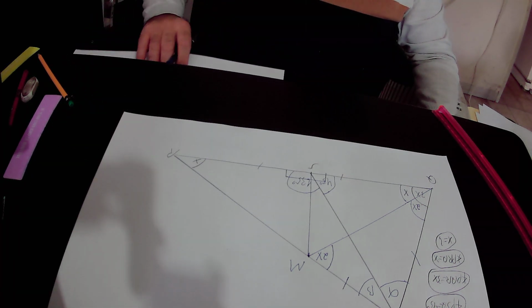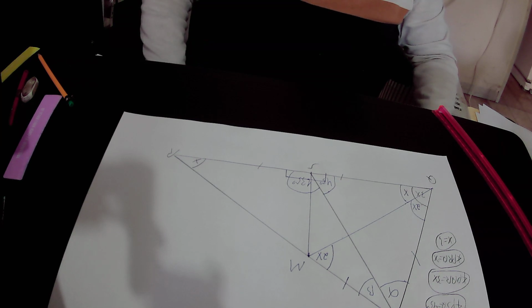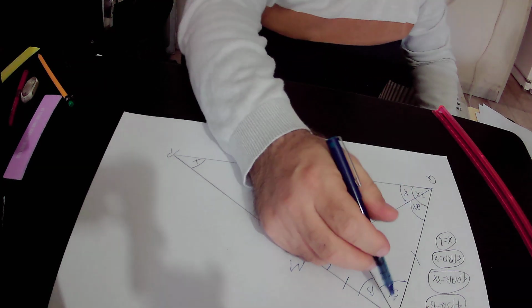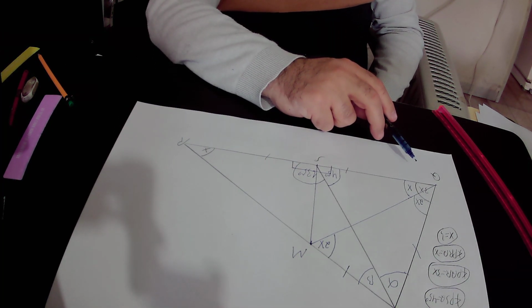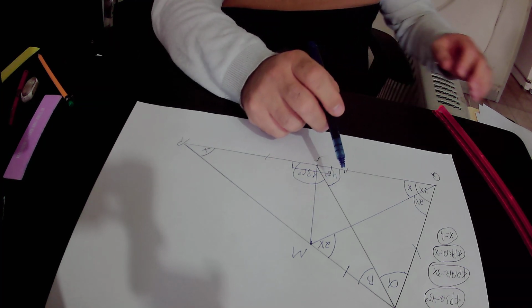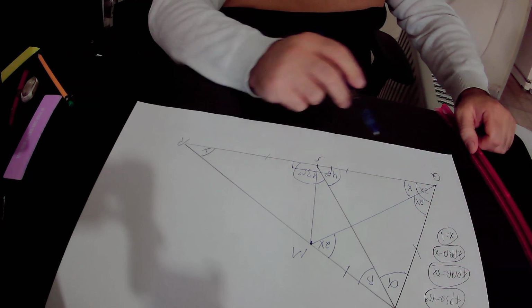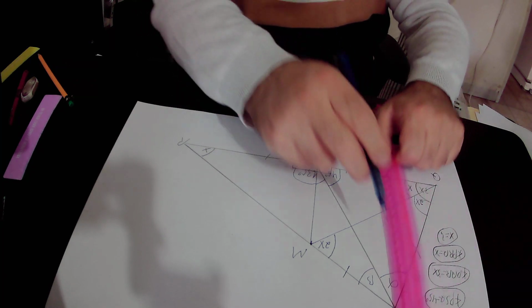In the next step, we will do a construction from point P. We will draw a perpendicular to QM, and we will extend the perpendicular until it touches side QS.